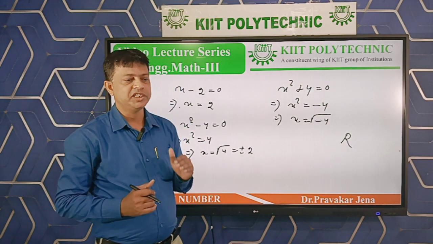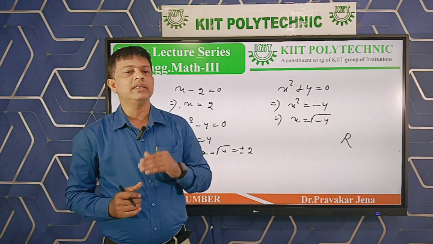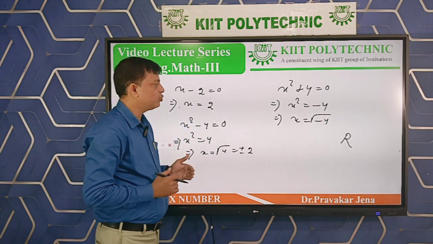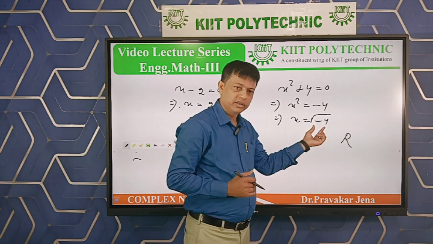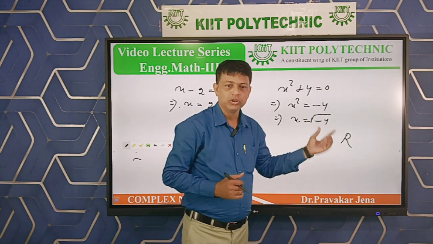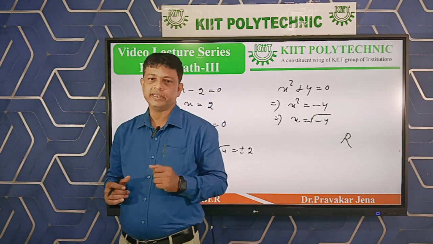That means it is a number whose square is negative. If we take the square of this, we get minus 4. So it is known as an imaginary number.